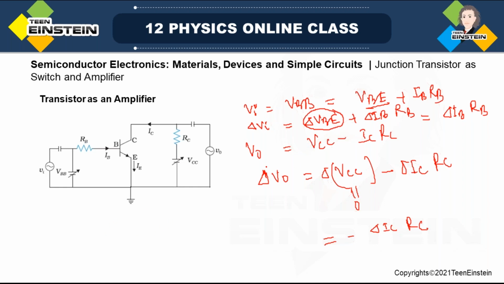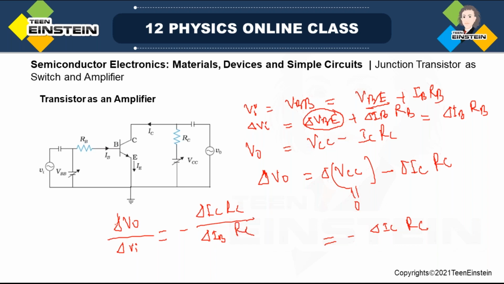Now look, this is the change in the output voltage due to the change in the input voltage. So if I take the ratio of delta VO by delta VI, I get minus delta IC into RC divided by delta IB into RB.